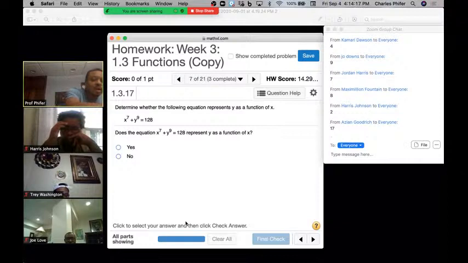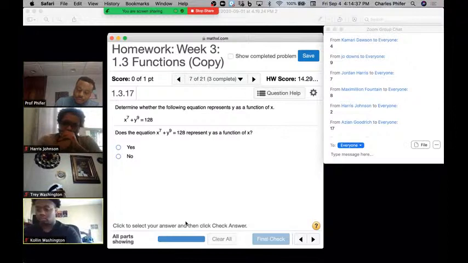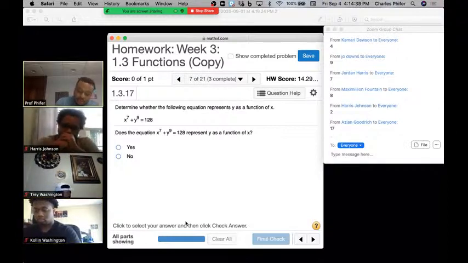Let me start by getting a copy of the original, right? So I usually like to write on graph paper. This is a homework session. This comes from week 3, section 1.3 functions. This is question number 7 from this assignment, and that comes from section 1.3, number 17 from the back.